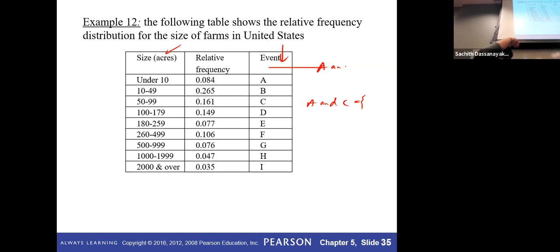Those rows or classes are mutually exclusive. If we have acres under 10, it has nothing to do with acres between 100 and 179. They are mutually exclusive. So what is A and C? Zero, a null event. We call it the null event. If we have A or B, it is simply the summation of these two. Clear? Okay, that's it for today. I'll go through this briefly next day.